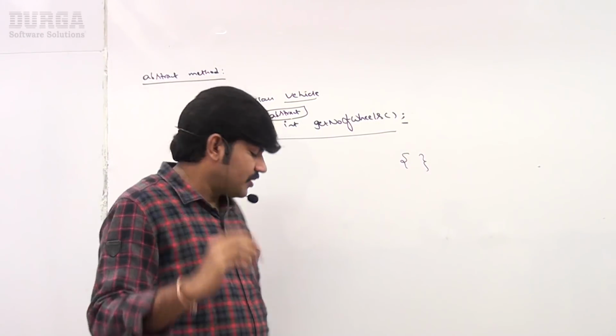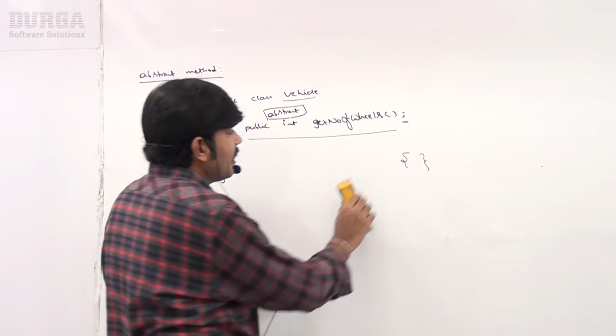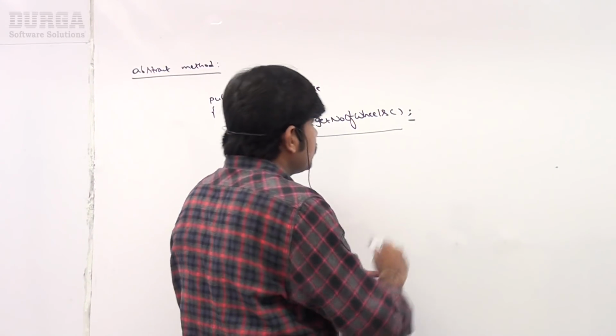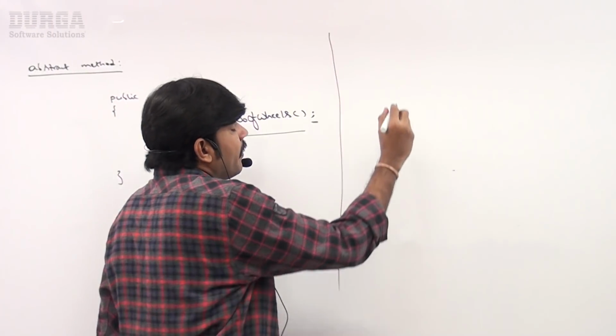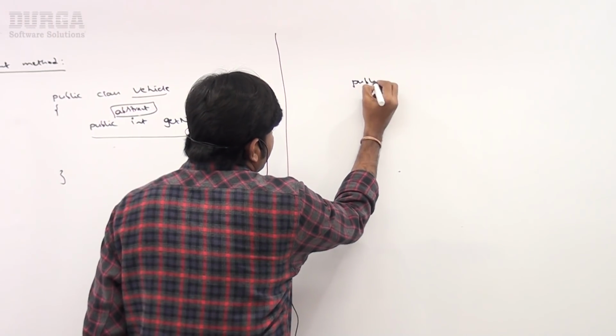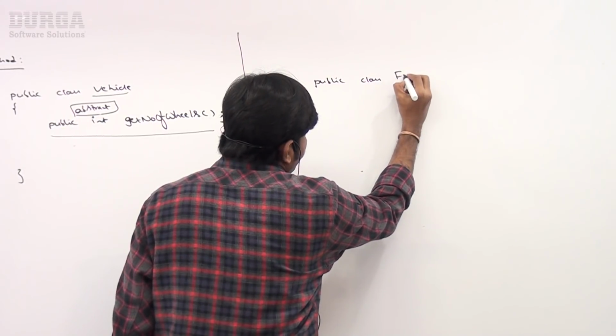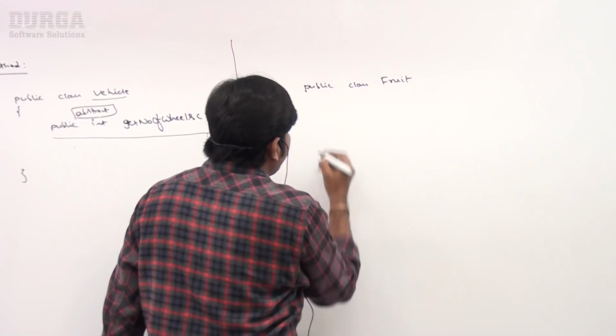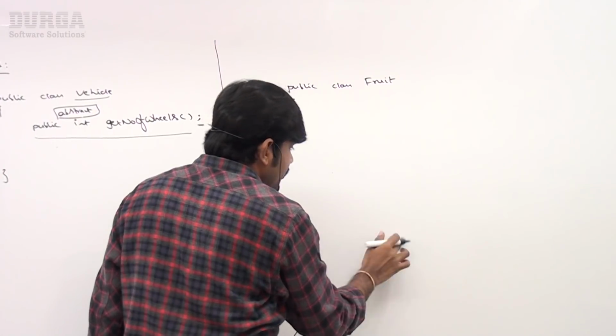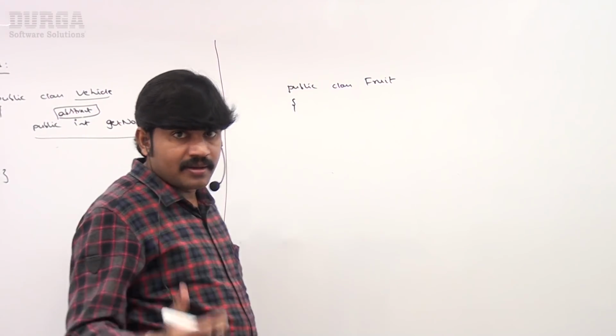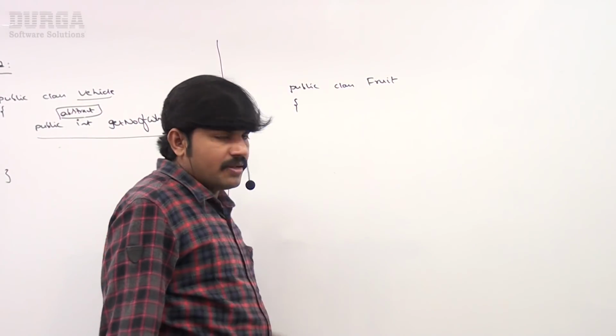One more scenario I will explain. Suppose I have a public class Fruit, sir. Mango, apple, orange, lemon, like that multiple fruits are available.